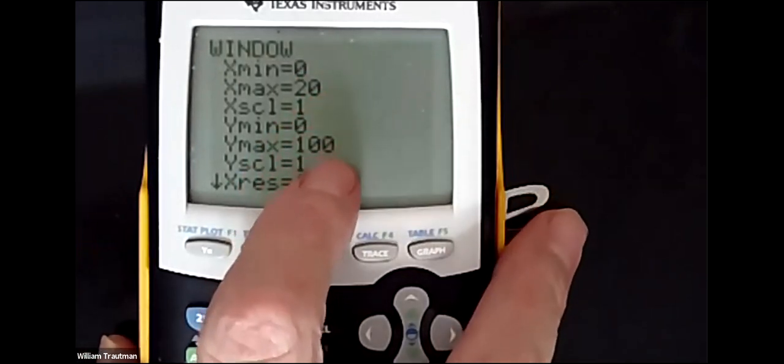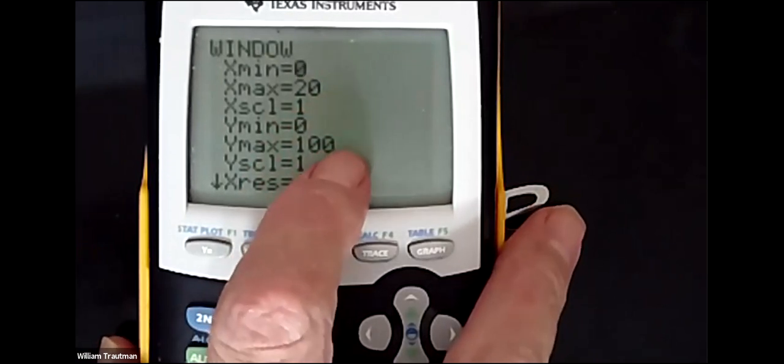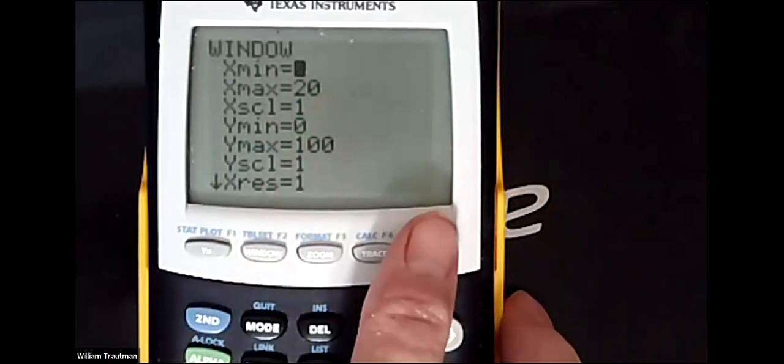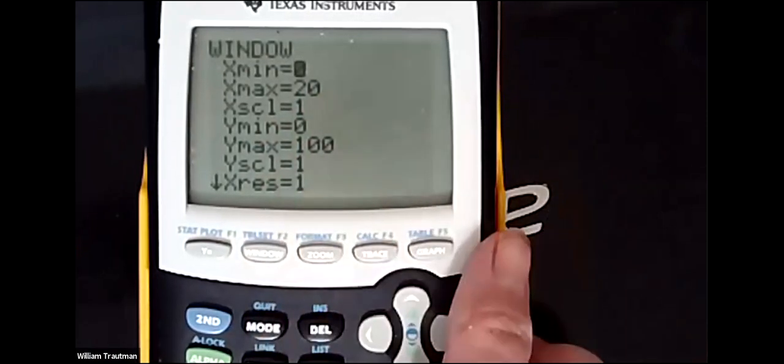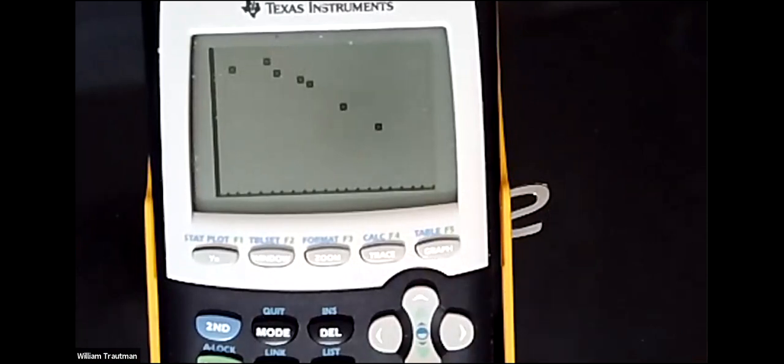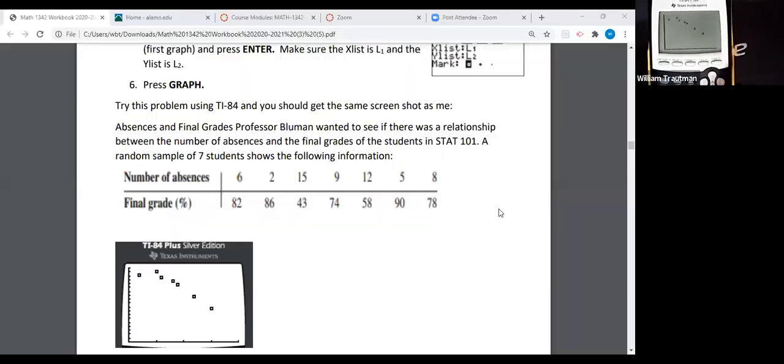And the highest Y value, we have to put it more than what we had for the highest Y value. And by the way, if you have 110, it's no big deal, just as long as it's more. Then when you hit graph, you should have a graph that looks pretty similar to the one in the workbook. And when I compare mine to the workbook, it's perfect.